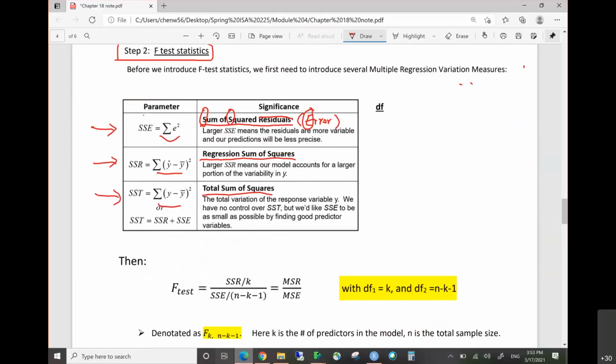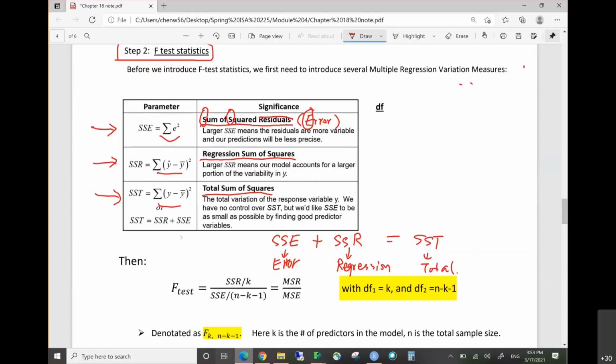SSE is the sum of squares for the sampling error, SSR is the sum of squares for the regression, and SST is for the total. And the relationship is SSE plus SSR equals SST.